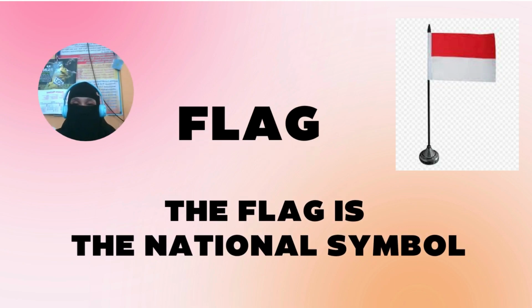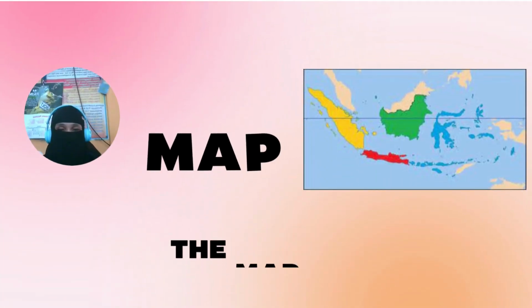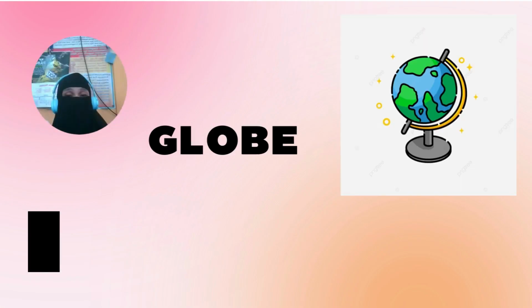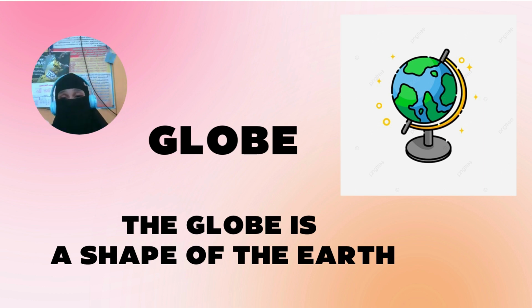The flag is the national symbol. Map. The map is a flat shape of the earth. Globe. The globe is shaped of the earth.